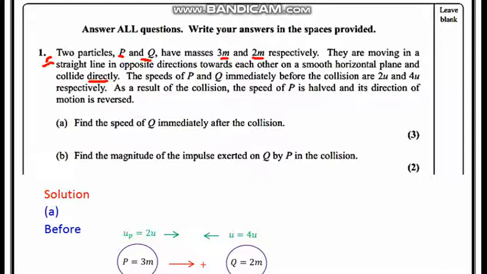The speeds of P and Q immediately before the collision are 2u and 4u respectively. As a result of the collision, the speed of P is halved and its direction of motion is reversed. Find the speed of Q immediately after the collision. Let's see how to solve it.